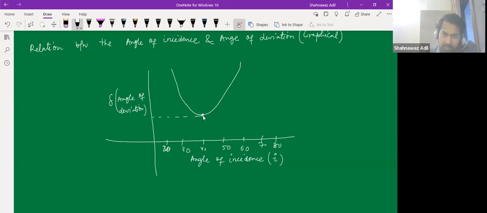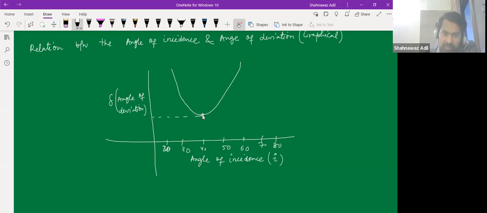So at this point, angle of deviation is minimum, right? Because if you move in this direction, if your angle of incidence is, let's say, 30 degree, you are having some angle of deviation. If your angle of incidence is, let's say, 50 degree, you have some angle of deviation. But at this point, it is appearing to be 40, but let's say at this point, the angle of deviation is minimum, right?